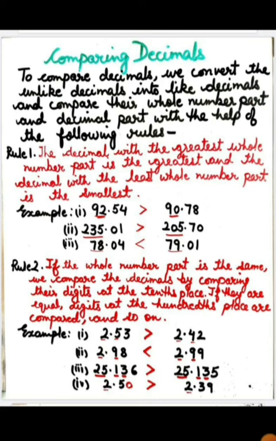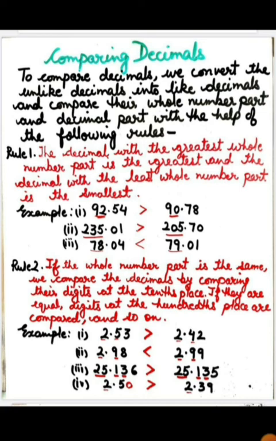Now in the second example, the given numbers are 235.01 and 205.70. Here their whole number parts are 235 and 205. 235 is greater than 205, so 235.01 is greater than 205.70.